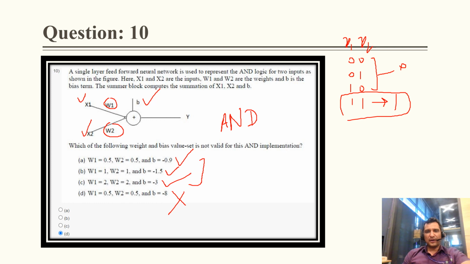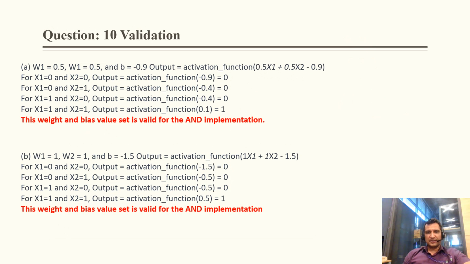We have to find out which of the following weight and bias value sets is not valid. So not valid is option D, and this is the validation for this.